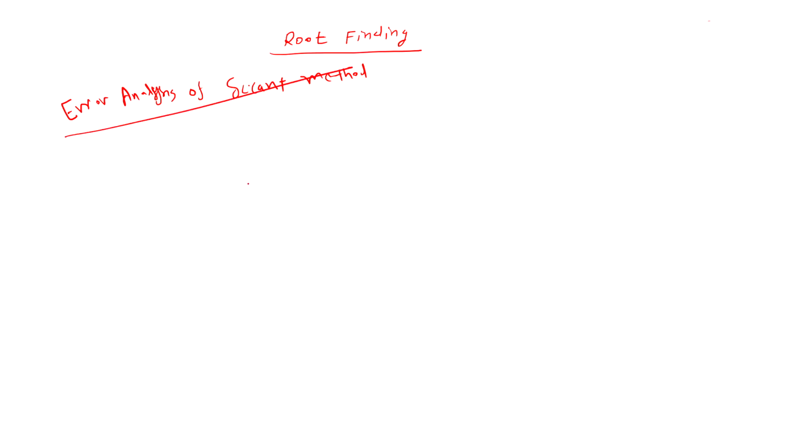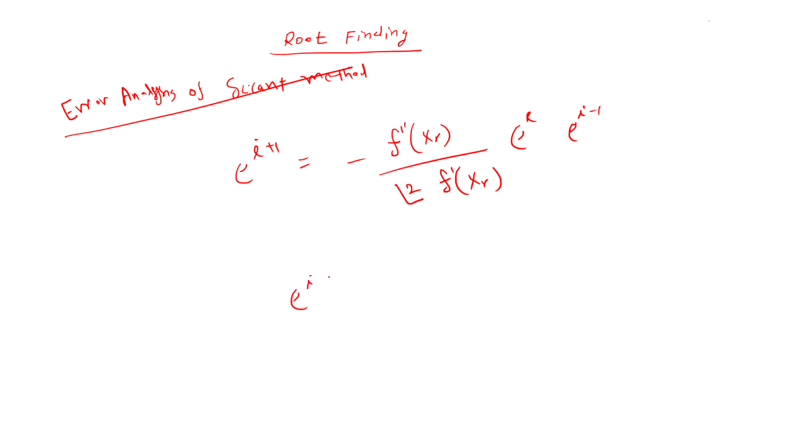I'm just giving you the true error. In this case it will be minus f double prime xr upon factorial two f prime xr, e at i and e at i minus 1, where e at i is nothing but xr minus xi.